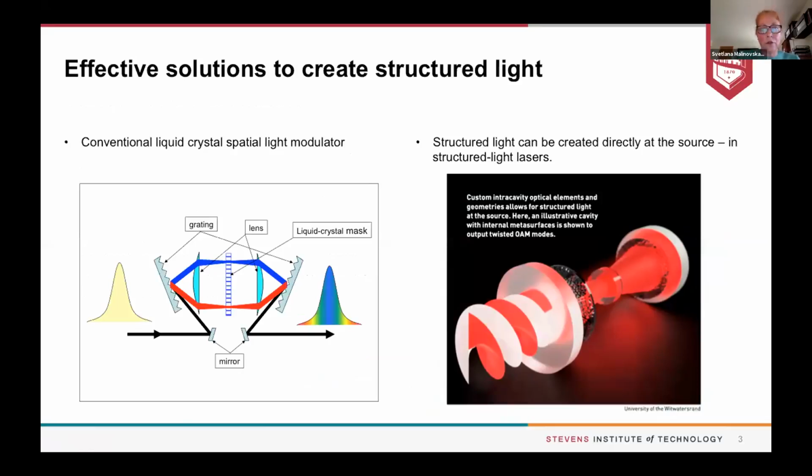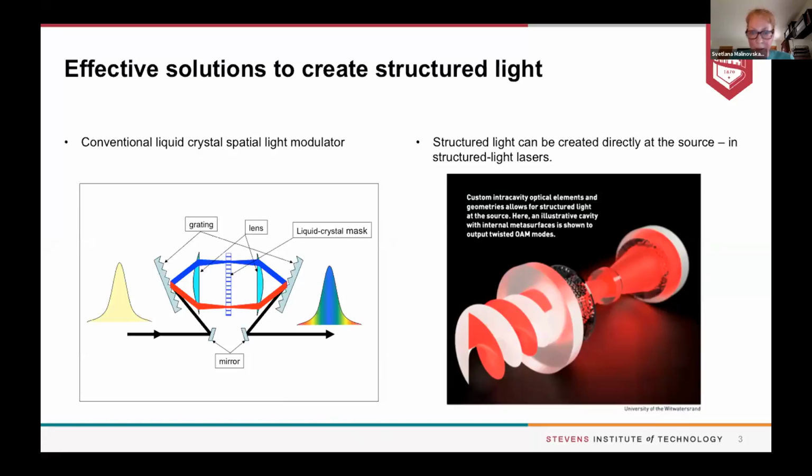Effective solutions to create structured light are the conventional liquid crystal pulse shaper on the left side. And nowadays, structured light may also be created by placing optical elements inside the cavity of a laser. Then all kinds of spatial shaping can occur.